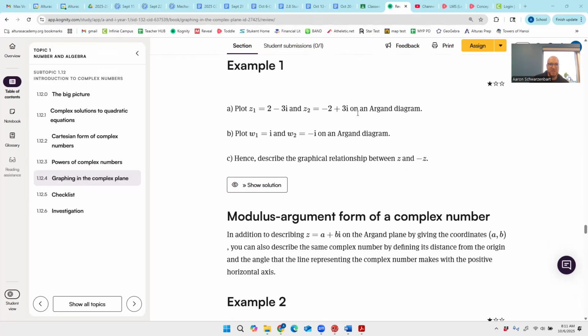It's important to remember the name: Argand plane, or an Argand diagram.